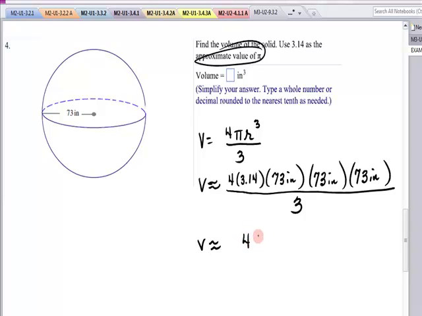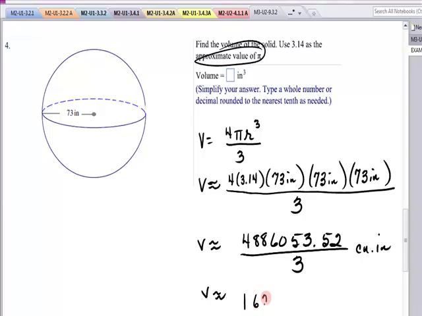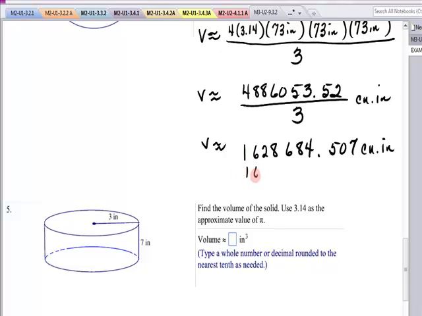All right, I have 4,886,053.52 divided by 3, and this is in cubic inches, which is 1,628,684.505 cubic inches, and the instructions again say to round to the nearest tenth, which will be 1,628,684 point just a 5, because this is the tenths, and I'm going to leave it just like that, cubic inches.